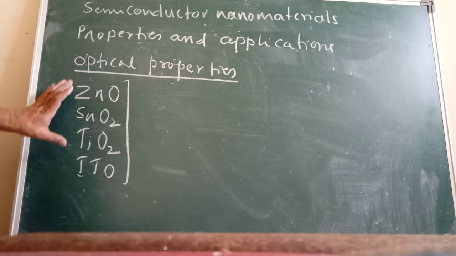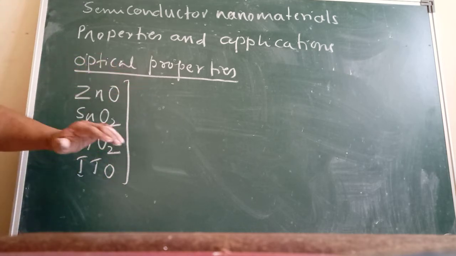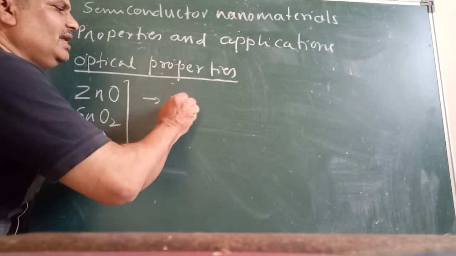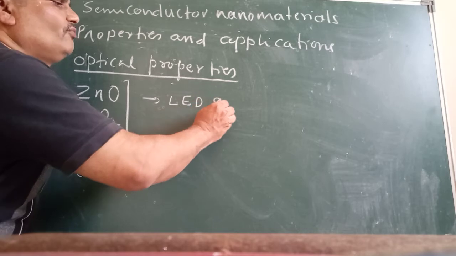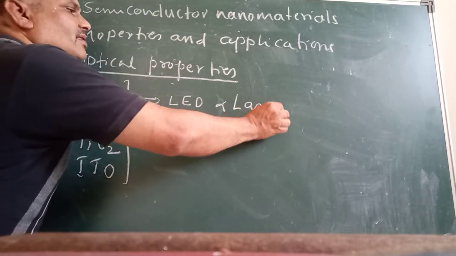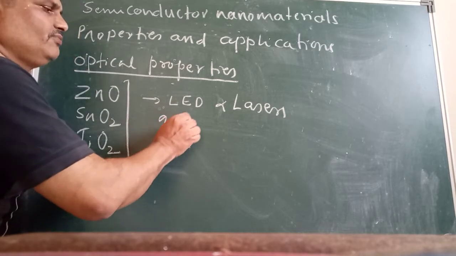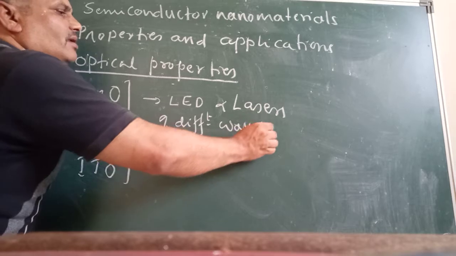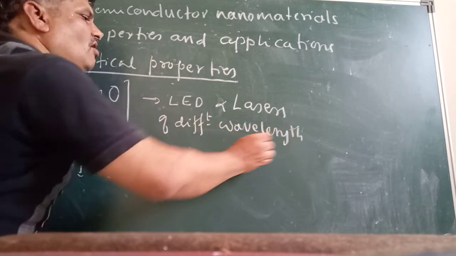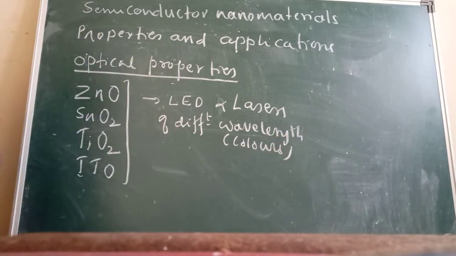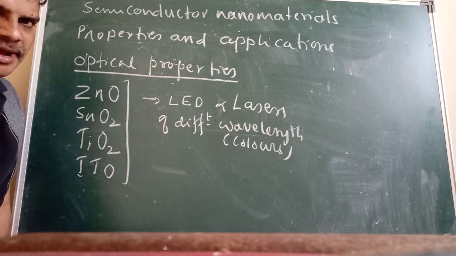This sort of optical property helps to produce LEDs and lasers of different wavelengths or colors, again depending upon the band gap.